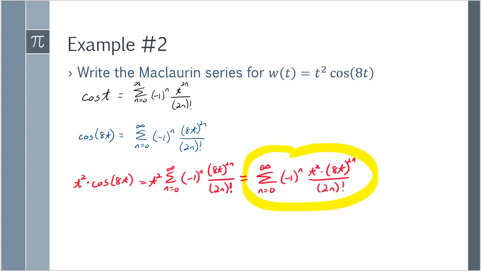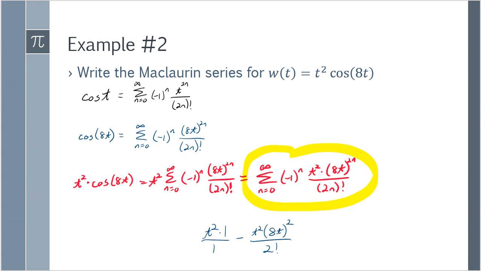Now again, on the AP exam I'm typically asked for the first 3 non-zero terms and the general term. So n would be 0 to start with. -1 to the 0 is +1 times t squared times 8t to the 0, which would be 1, over 0 factorial, which is 1. Then I know it's alternating, so I'm going to have a minus. n is 1, so there's where I get the minus. t squared times 8t to the 2 over 2 factorial.